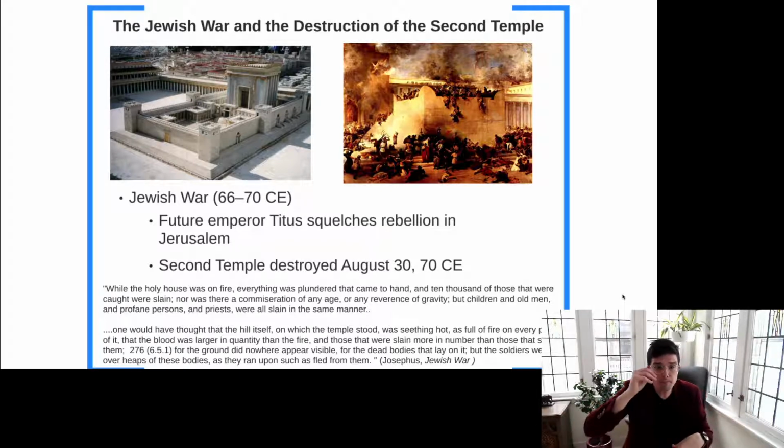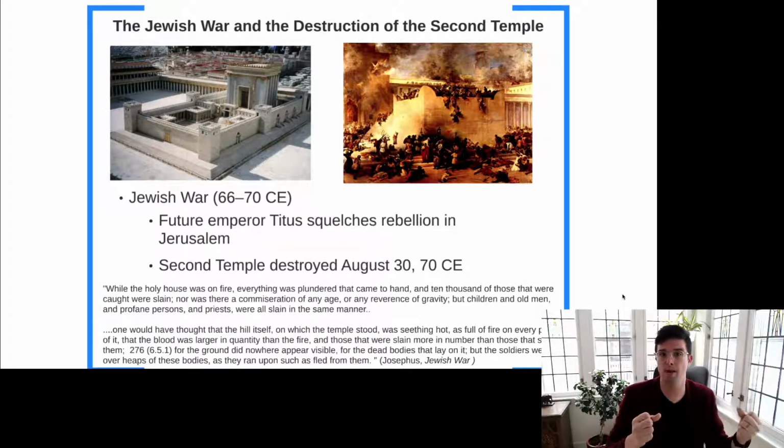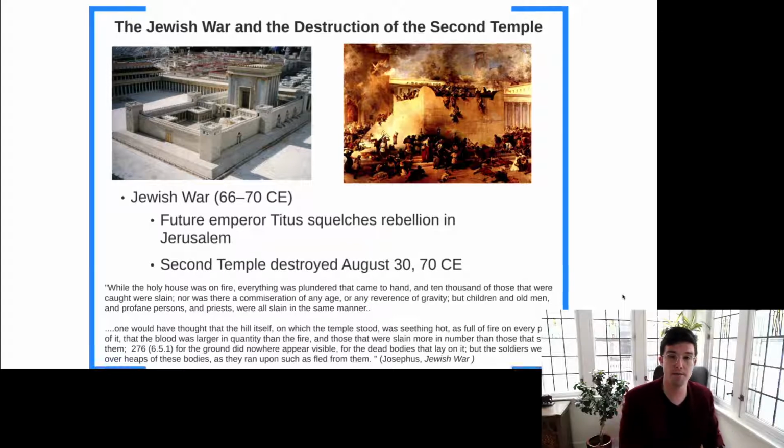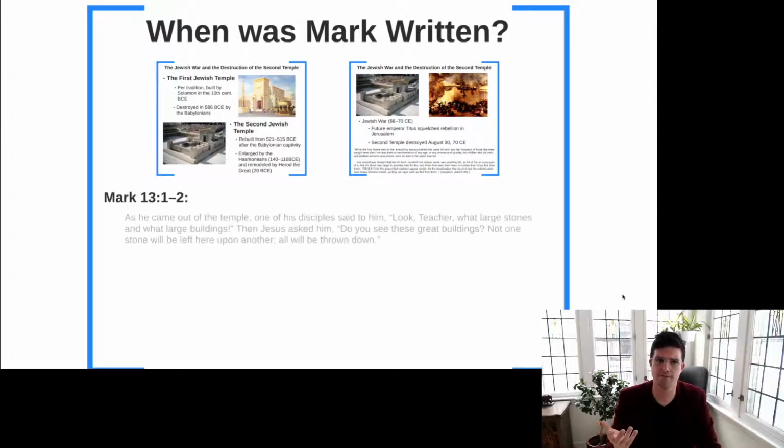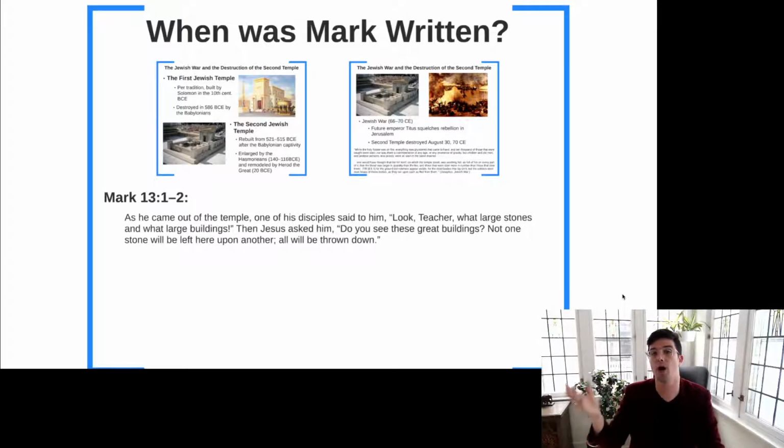And it is this period, or this event in 70 CE, that scholars read those remarks in Mark 13 and wonder whether or not Mark might be referring to these events. And so there are a couple of different options as to what's going on with Jesus's prediction about the buildings being destroyed and not one stone being left upon another.